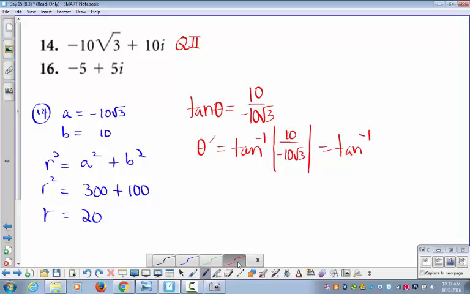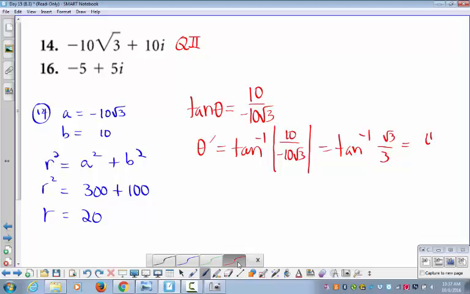So we can find that absolute value, the tens will cancel, and we're going to end up with 1 over root 3, which if we rationalize would be root 3 over 3. And we know that, right? Root 3 over 3, that's the less steep. So if we type this into our calculator in degrees, it would give us a nice number. But if we type it in radians, it's going to be a little messy. So what would the radian angle for that be?